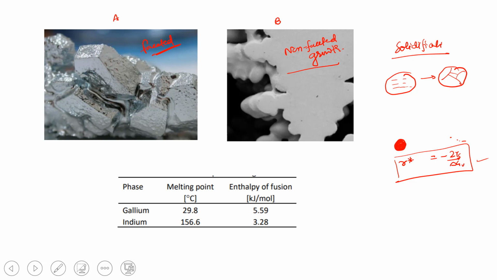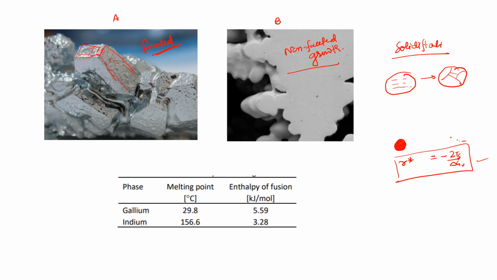It forms in all directions, and the faceted one tries to grow in a particular plane and forms a face kind of thing. Like we have certain faces here, you can see this is a face, this is a face. So this is your faceted one and the second is your non-faceted.